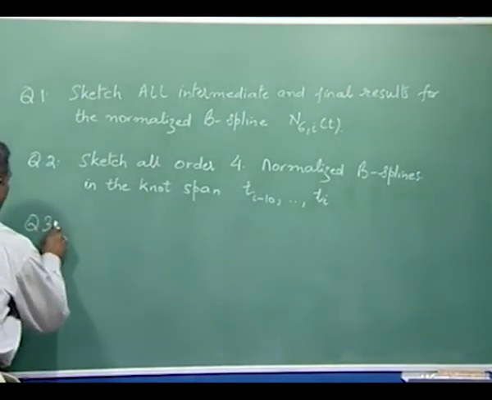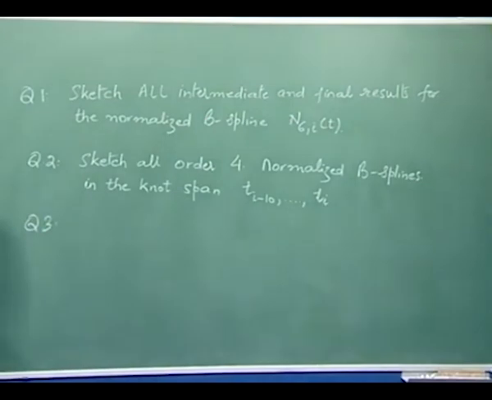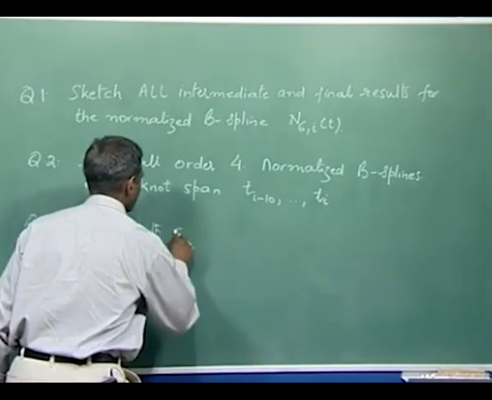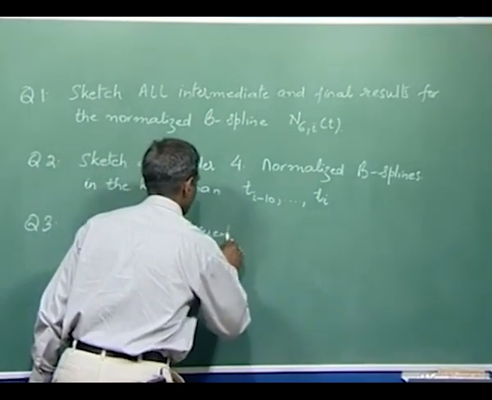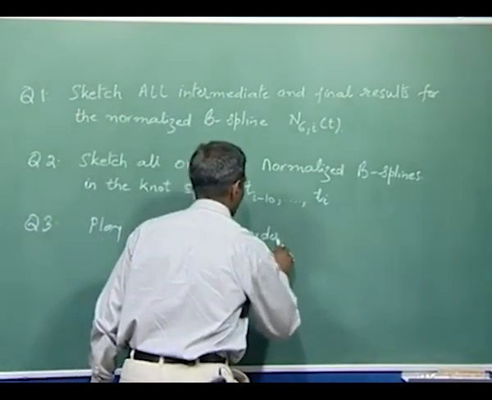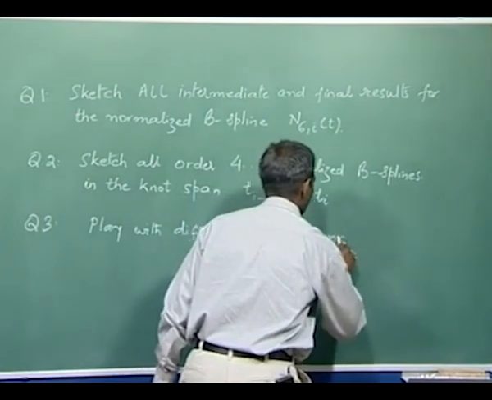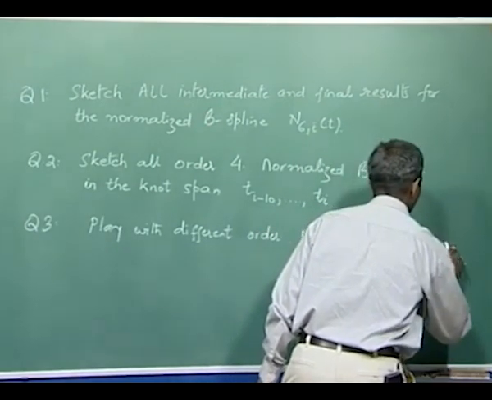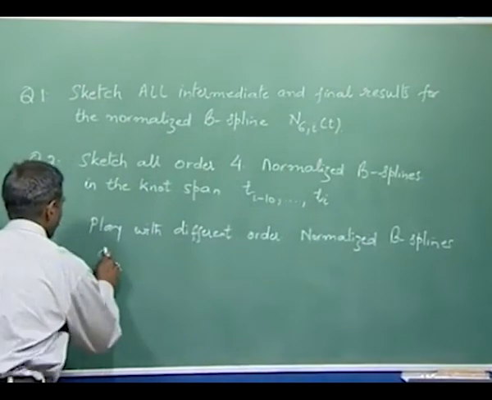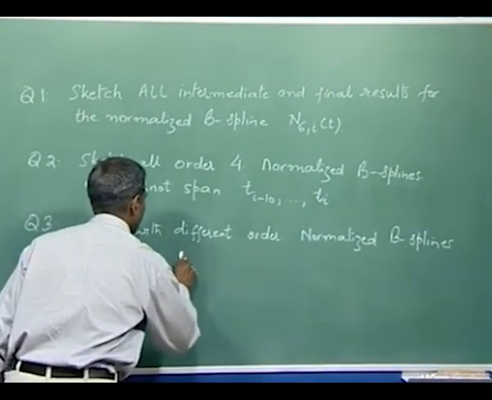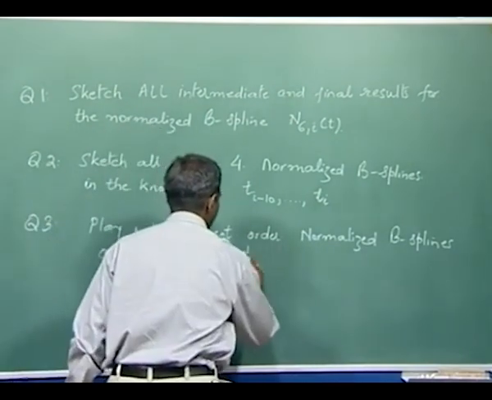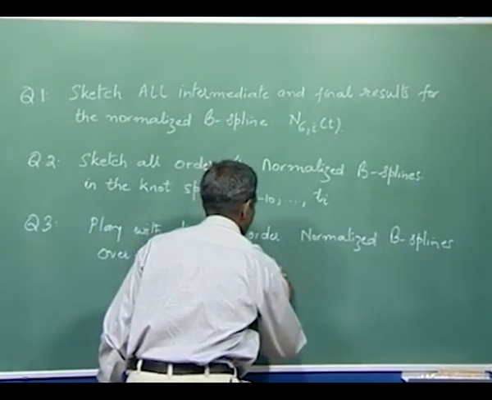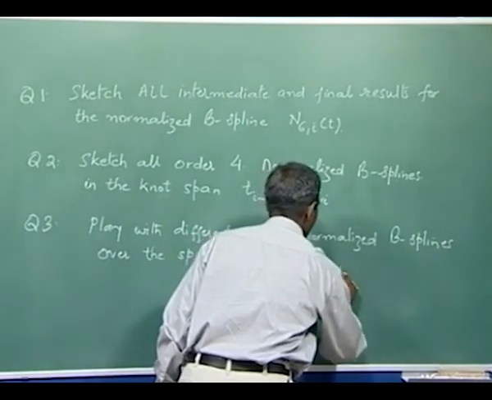Question 3. Play with different order normalized B-splines over the span t i minus 8 till t i plus 4.